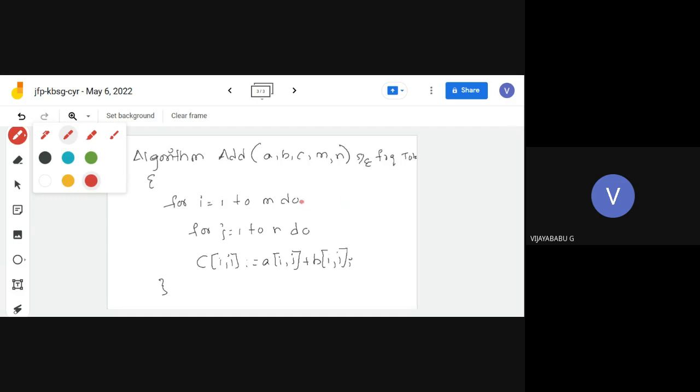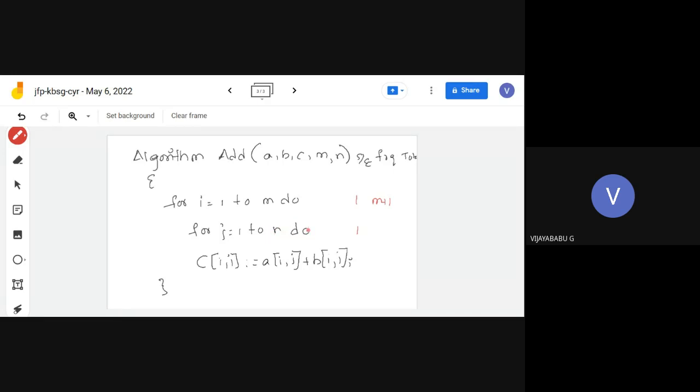Now how many steps are there? There is this one. How many number of times is it going to be executed? Frequency it is asking. So 1 to m it has to run, and there is a test case. Whenever it is executed, m plus 1 times it is going to be considered, and when it is m plus 1, we are going to come out of this for loop. That means the frequency of this for loop is m plus 1. Whereas coming to the next statement, this is a single statement. And how many number of times is it going to be executed?